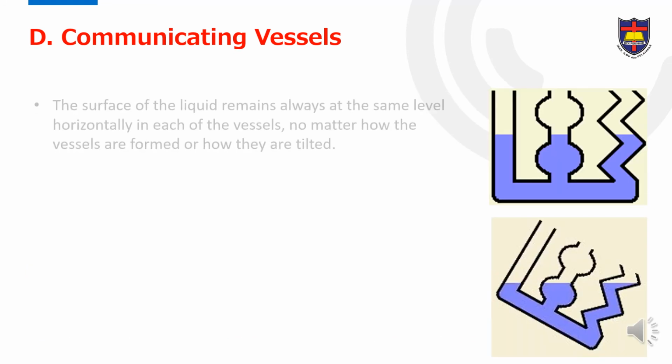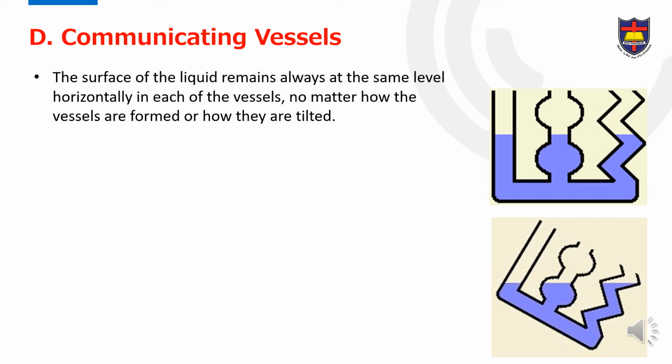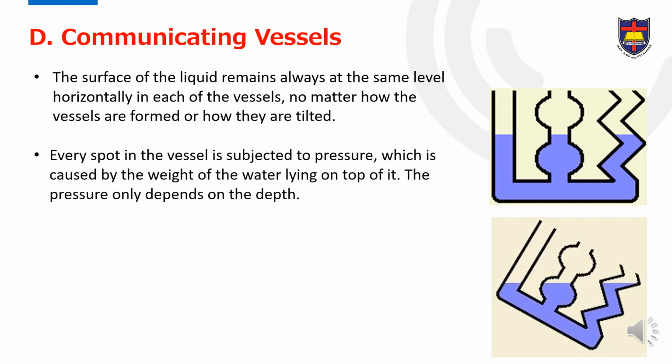The surface of the liquid remains always at the same level horizontally in each of the vessels, no matter how the vessels are formed or how they are tilted. Every spot in the vessel is subjected to the pressure, which is caused by the weight of the water lying on the top of it.